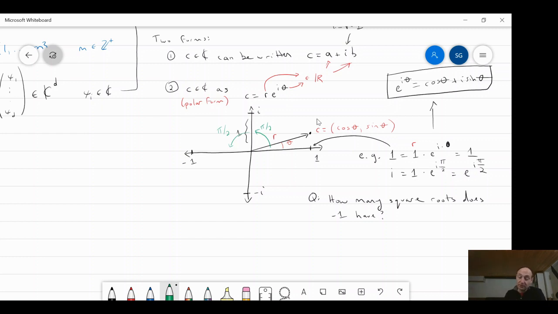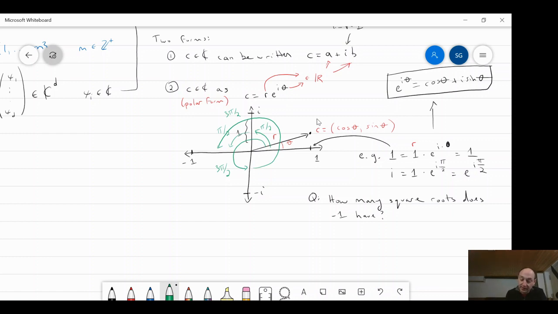But there's actually another choice of number which will have the same effect, and that is if you make your angle not pi over 2, but 3 pi over 2. So this number here is -i. If you square -i, you'll also get -1, because if I do a second rotation by 3 pi over 2, I also land on -1.